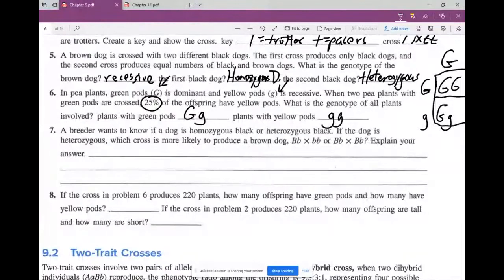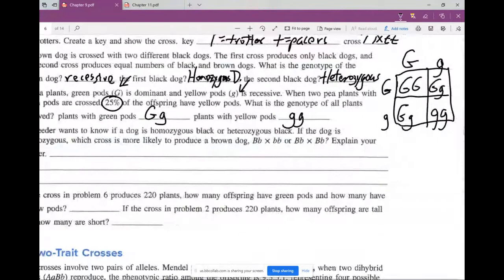A breeder wants to know if a dog is homozygous black or heterozygous black. If the dog is heterozygous, which cross is more likely to produce a brown dog? Okay. Explain your answer. Now, if you don't see it right away, you can do that Punnett square.